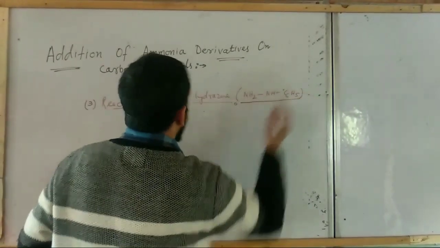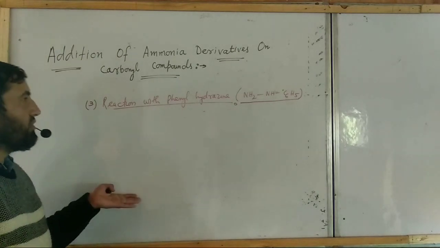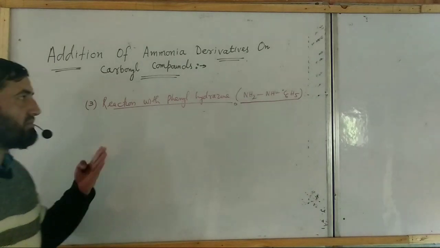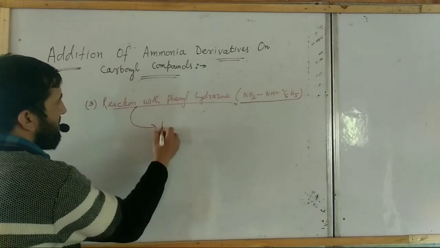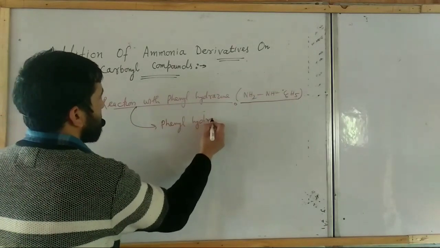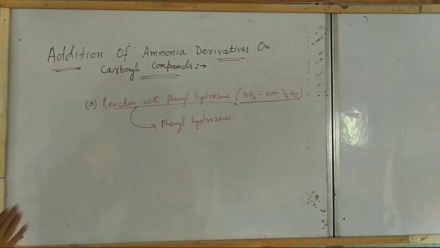Now students, it must be noted that like hydrazine, this phenylhydrazine also reacts with the aldehydes and ketones and form the corresponding phenylhydrazones. In this reaction, there is also the elimination of water molecule.